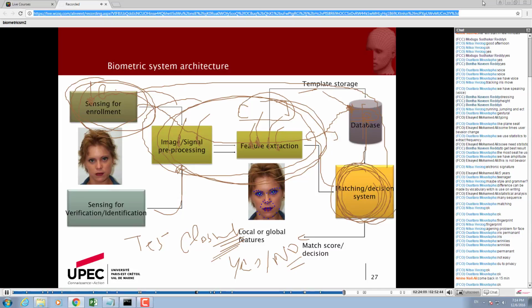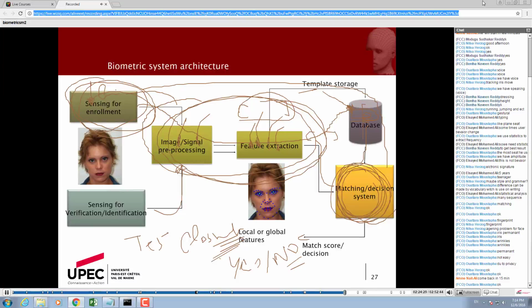As we said, to take a decision, the simple method is to compare one-to-one. But in some applications, especially for identification, we use classification methods.